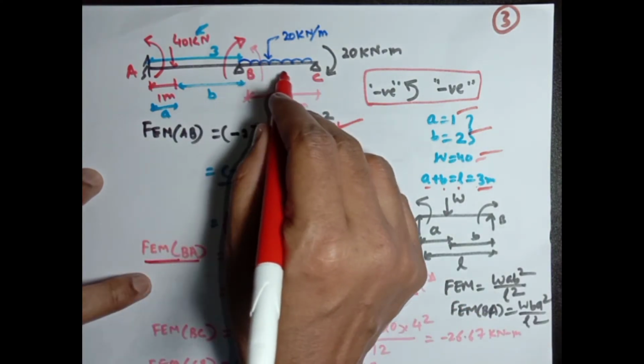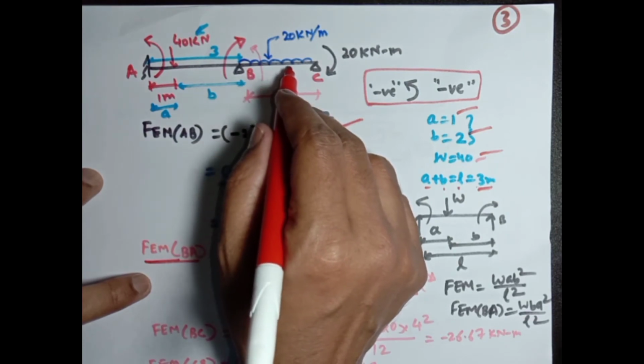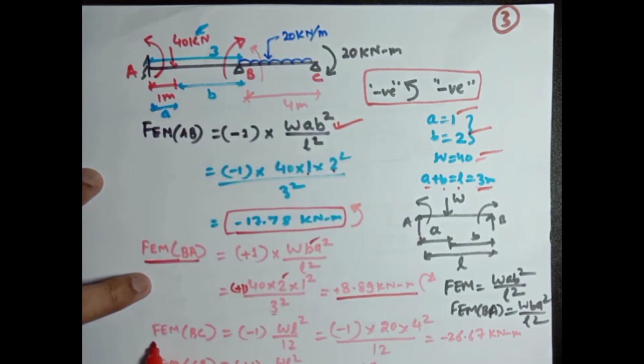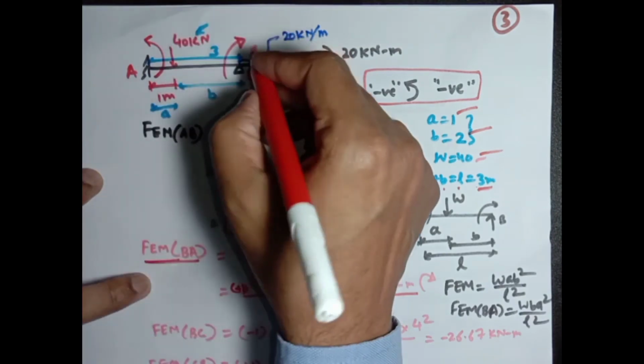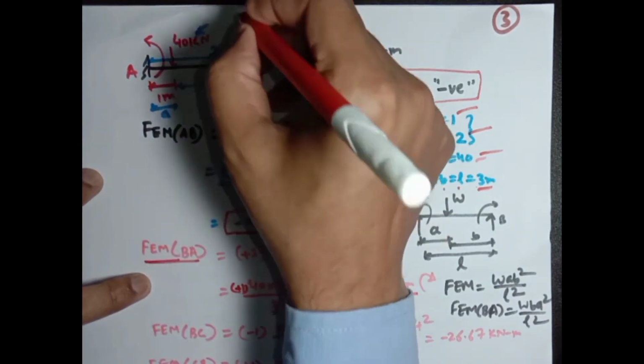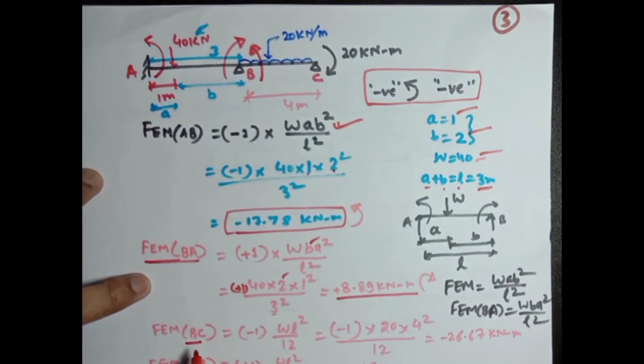Now for the beam loaded with a UDL, the FEM for BC will give an anti-clockwise moment, and the value will be minus WL squared divided by 12. Minus W, you can put 20 kilonewton, and L is the length, 4 squared, divided by 12.